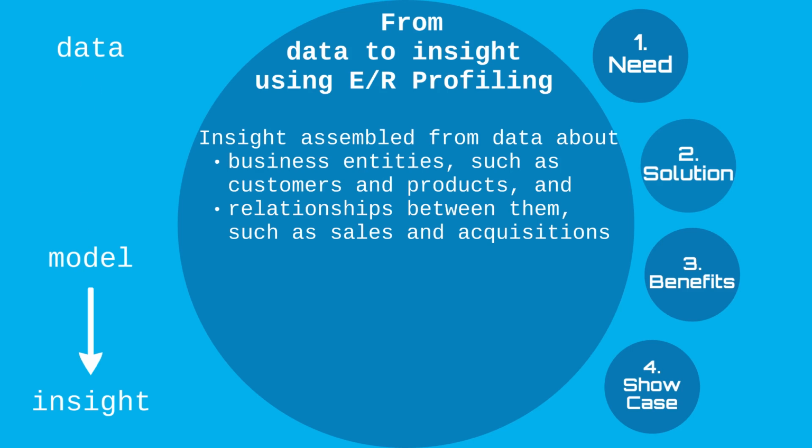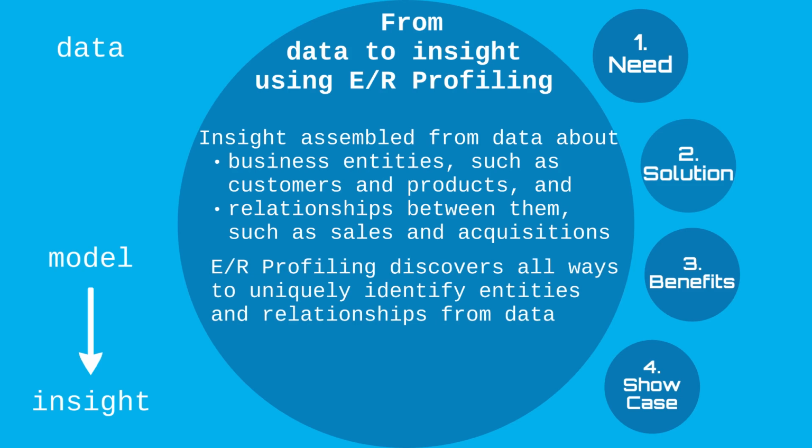So this sounds very much like entity relationship modeling. But in that approach, you're given a model and then the data is generated to support the business functions of the model. So this is going in the other direction and therefore not of immediate use. So what we want is actually entity relationship profiling, where we discover all the different ways to uniquely identify entities and relationships from the given data sources.